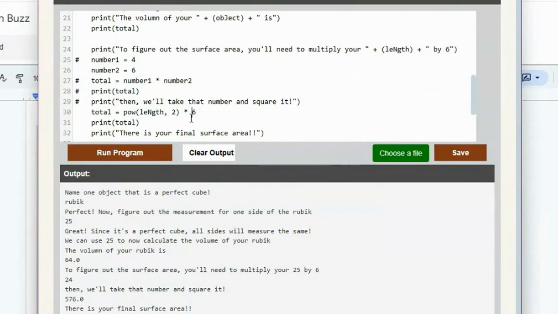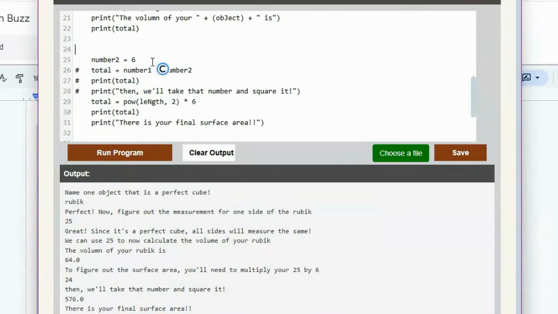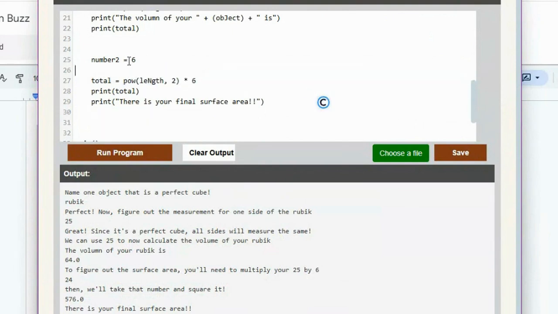I'll put some spaces just to make it look better. 6 times the side length squared. I'm going to delete the other lines too, so it doesn't confuse us what's left. Since you have this as a variable, number 2, that's taking the side length squared times 6.